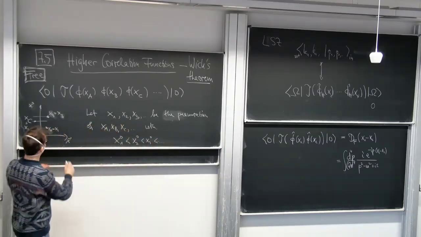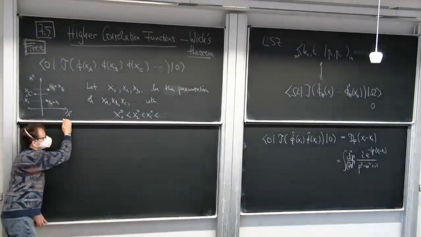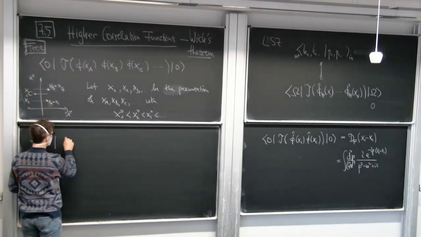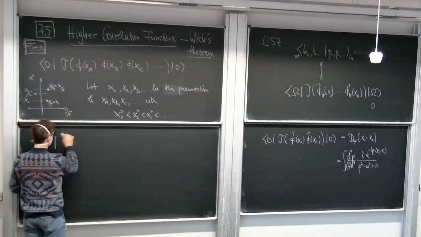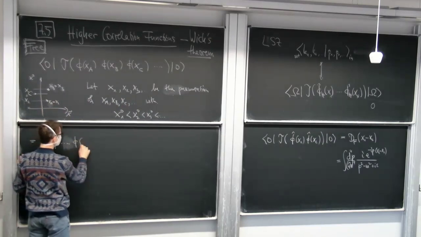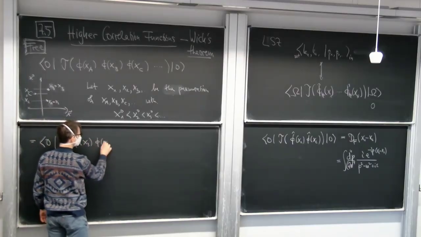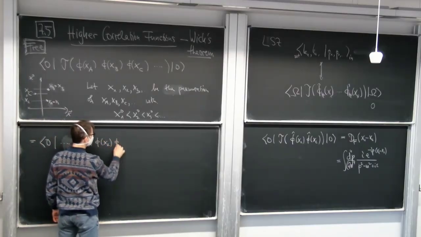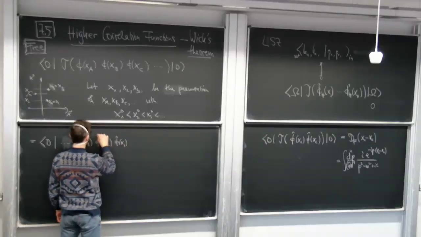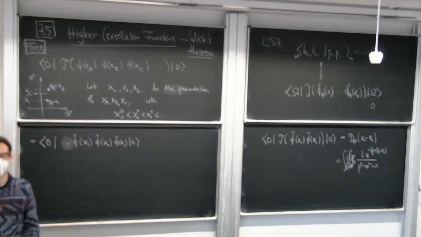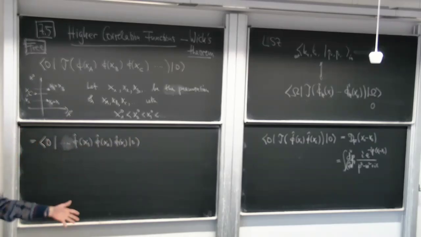So now I can get rid of the time ordering if I place them in such a way that the times are descending. Okay, so now I've taken care of this time ordering, and at the end, I'll see what happened.